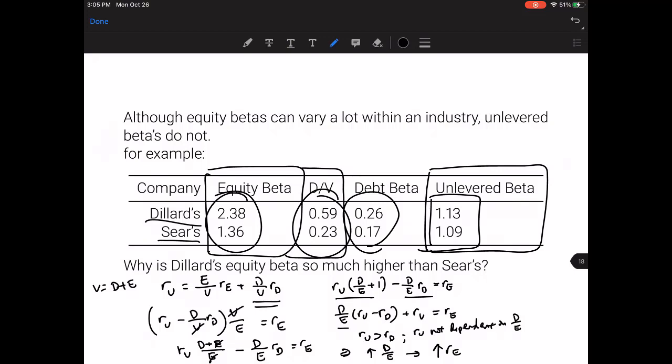Okay. So the question you should be asking yourself is, why do we have to assume that RU is not dependent on RE? This is not actually an assumption, and based on what we assumed in CAPM, this actually has to be true. And this is the first proposition in Modigliani-Miller.